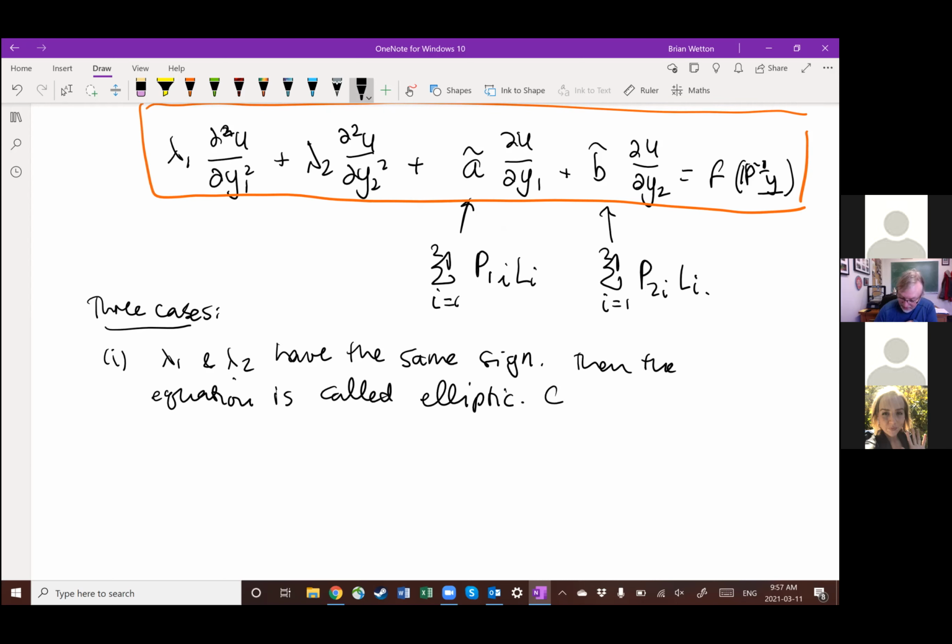Okay, and then you can scale y1 and y2 further.